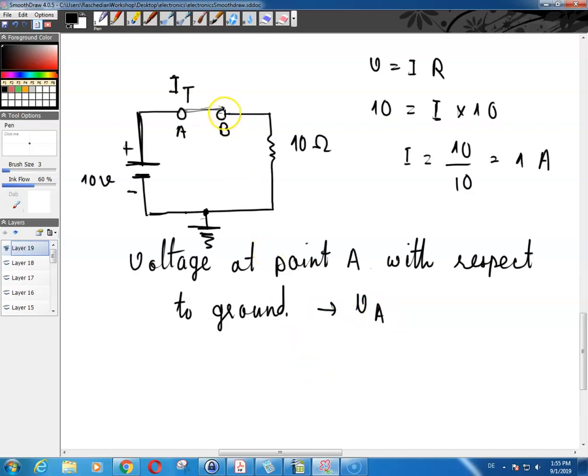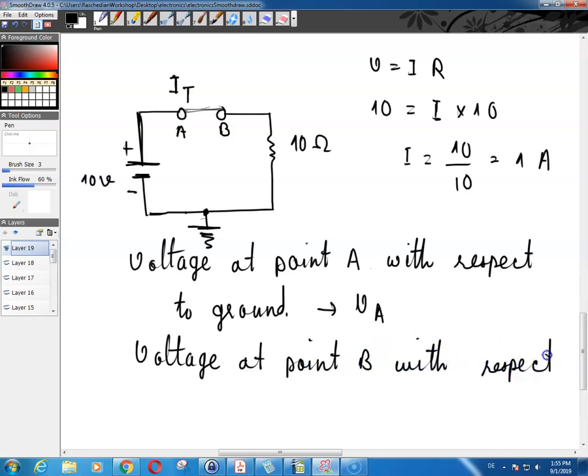And of course the voltage at point B with respect to ground would be the voltage between this point and the ground.